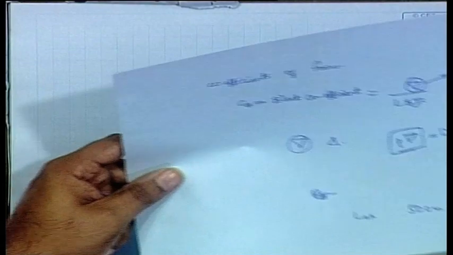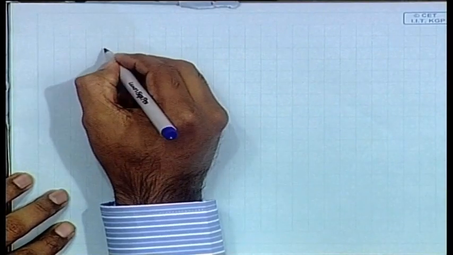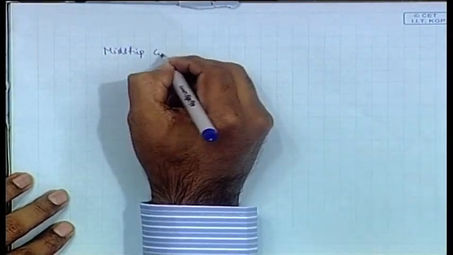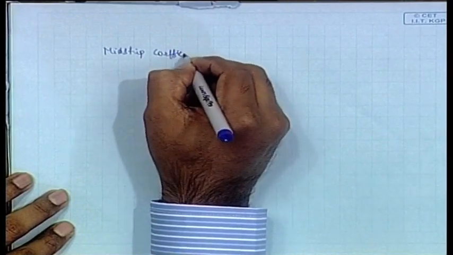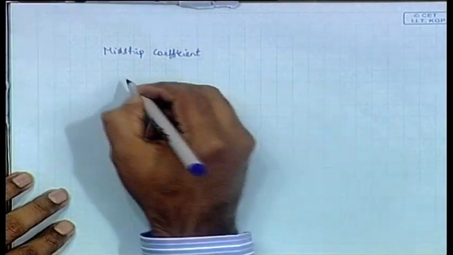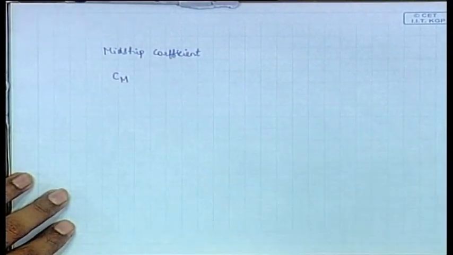Then another coefficient of form is the midship coefficient. It is written as Cm.